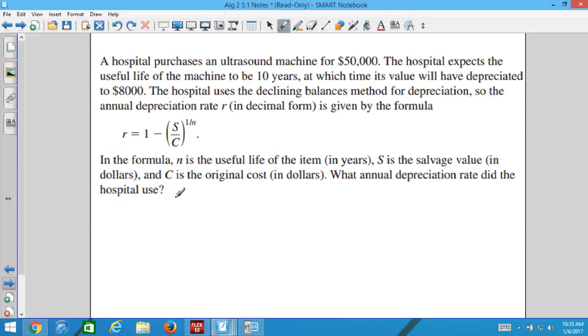Let's set it up. R equals 1 minus 8,000 divided by 50,000 to the 1 over 10. Type it in your calculator to make sure you type it in correctly, because there's nothing else to do but type it in. Then write your answer as a rate in percent form.